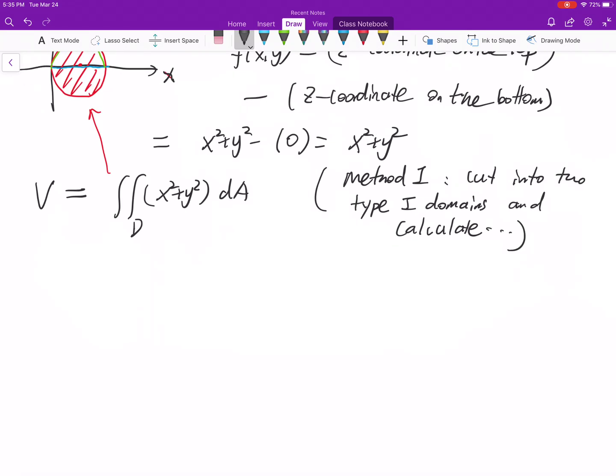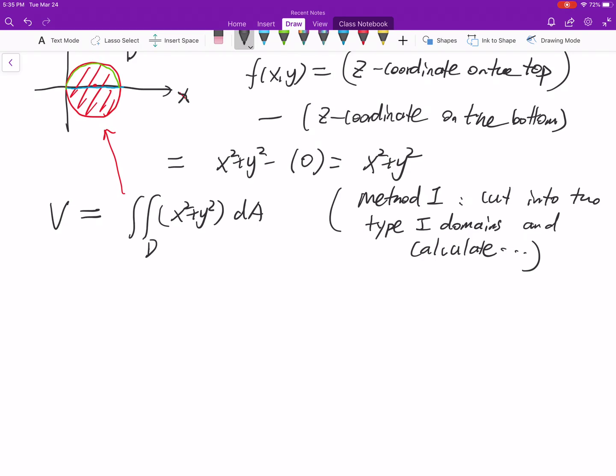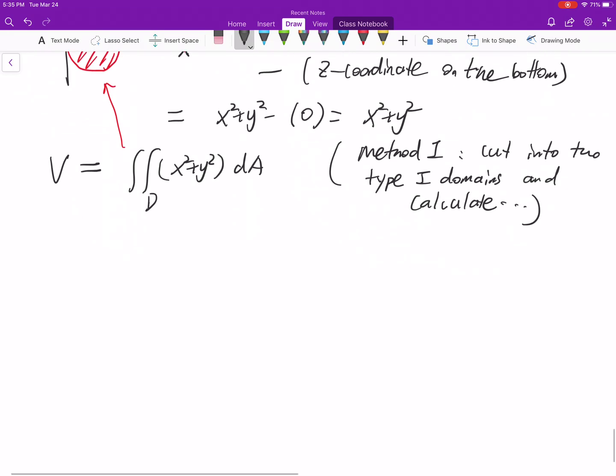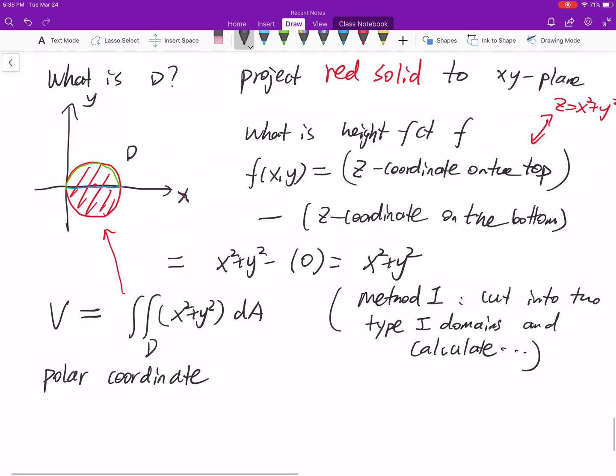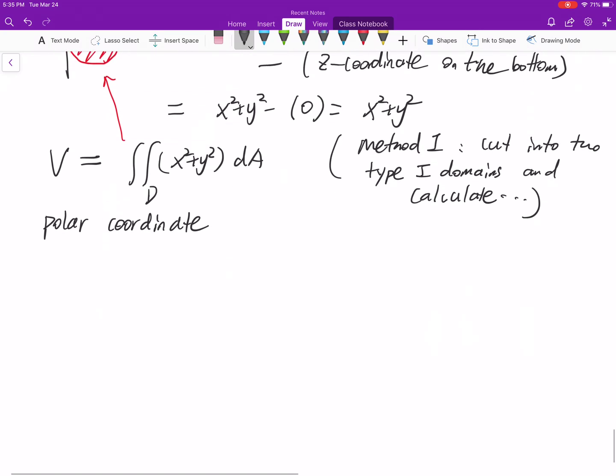And the second method is, we already recognize this is a disk, although it's shifted by 1 in the positive x direction, but it's still a circular shape. Then we think about using the polar coordinates. We need to transform the domain into polar coordinates.